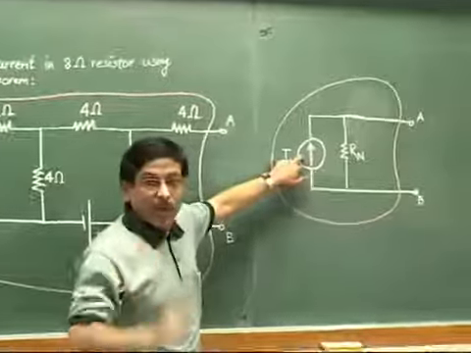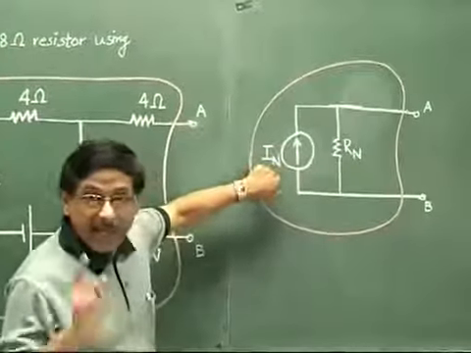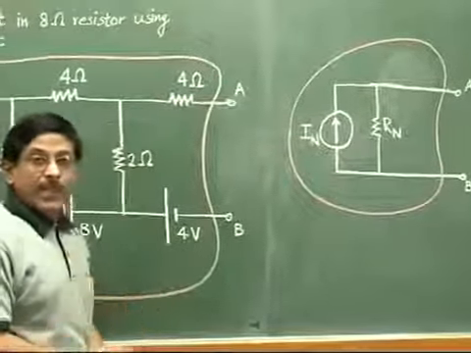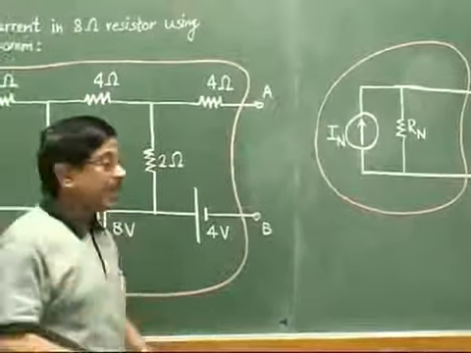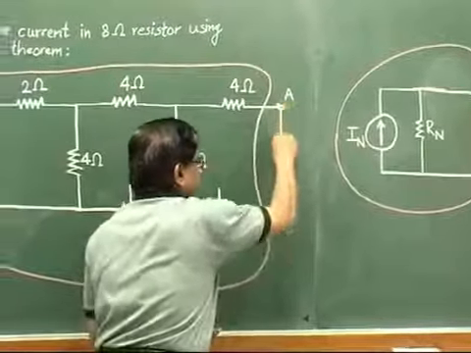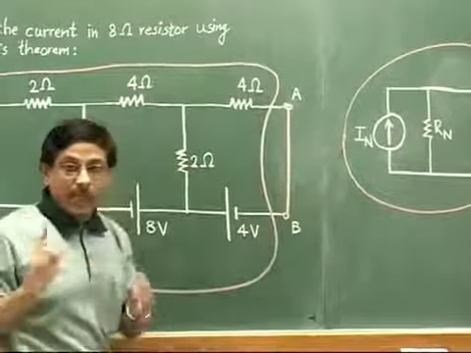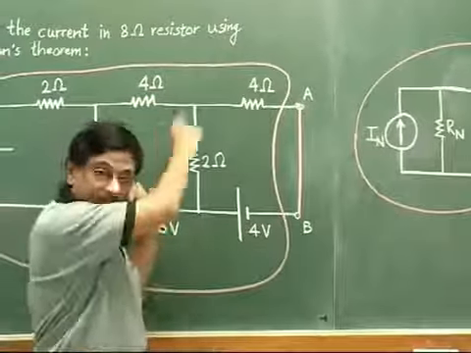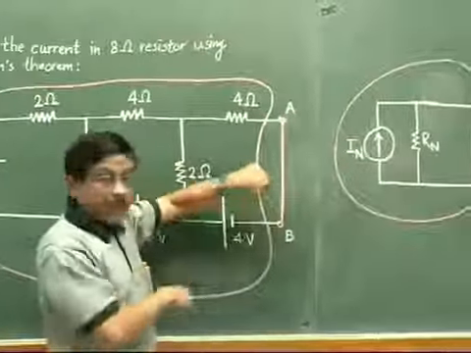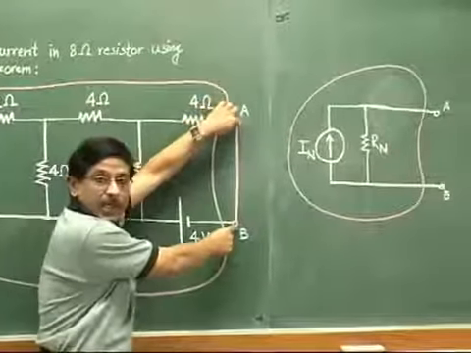Now see, this is a very important point. The meaning of this IN value is that if, temporarily, we short these 2 points like this. After removing the load resistor, we get a 2-port network, meaning these 2 open terminals.